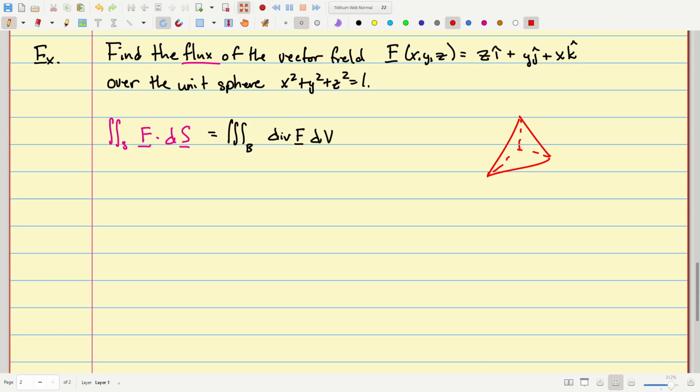That would be an example where it would be easier to do surfaces than the volume. It will also sometimes depend on the integrand. The vector field may be easier to deal with in one case than the other.